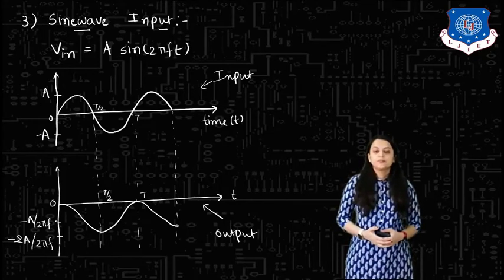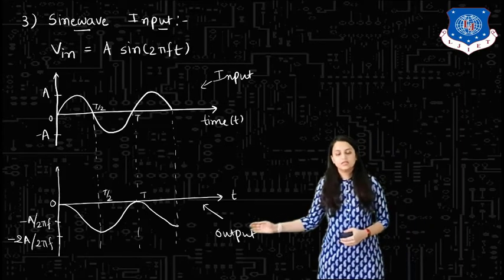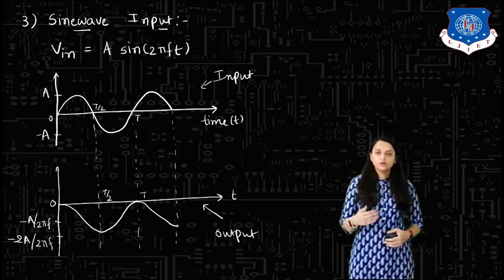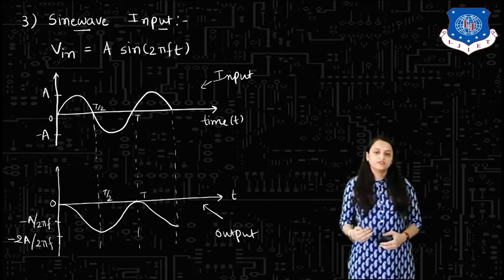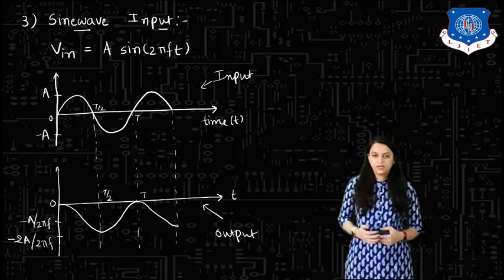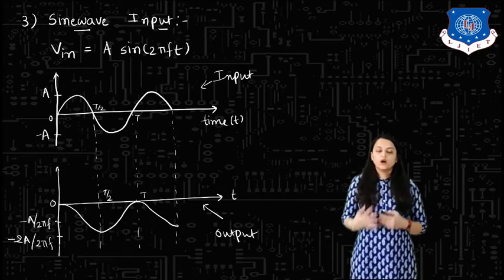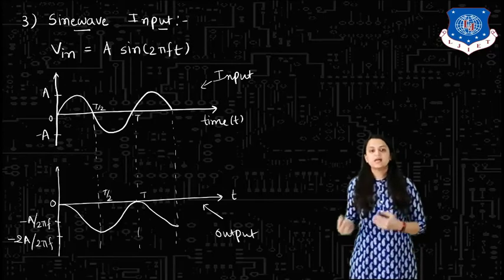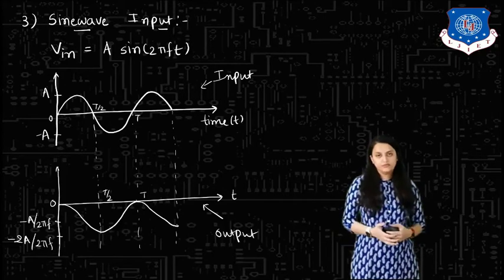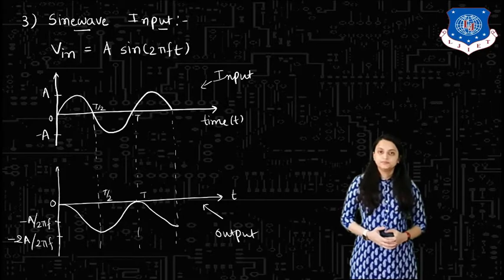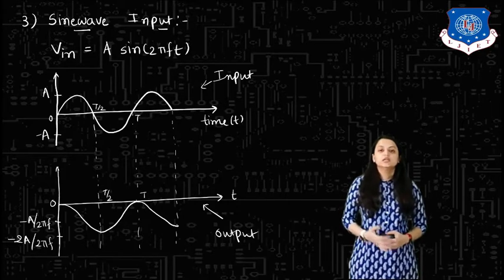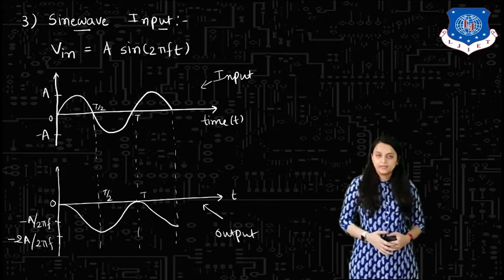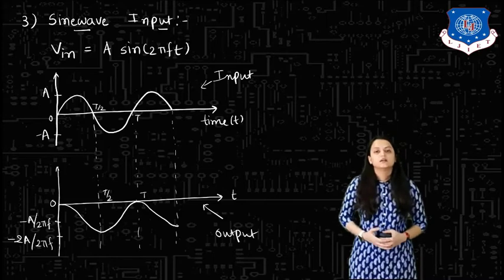So, the output is a negative cosine wave, having the amplitude range from minus A by 2 pi f to plus A by 2 pi f. So, the output of the integrator for the sine wave input is the cosine wave. Okay, so these are the three input-output waveform characteristics for the ideal integrator.